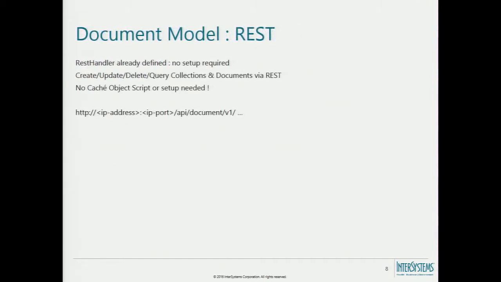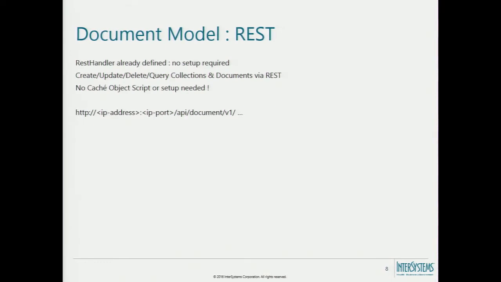So, REST with our document model. Who is already using REST with Caché right now? Okay, so if you're using REST right now, you need to create a web application, and there you have a dispatch class where you will have to use a REST handler, a class which will in fact route the REST calls to class methods, and they have to return JSON.